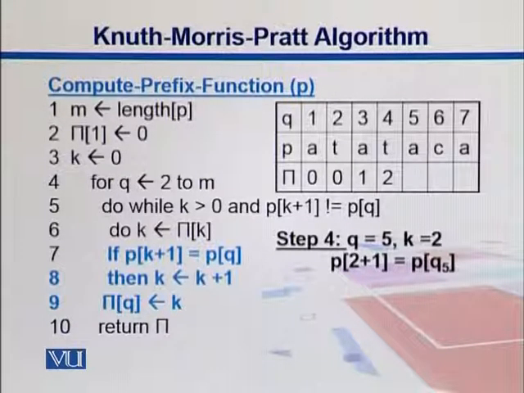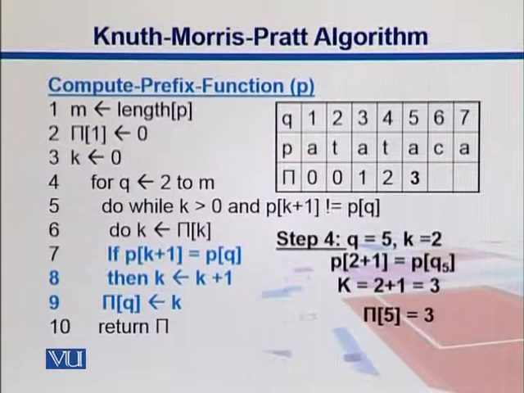So we will go into line 7 of this algorithm. We will update the K. So K becomes 2 plus 1, 3. And we will take that value 3 and store it in pi of Q. So right now pi of Q is equal to pi of position number 5. So we will put this value 3 in position number 5.